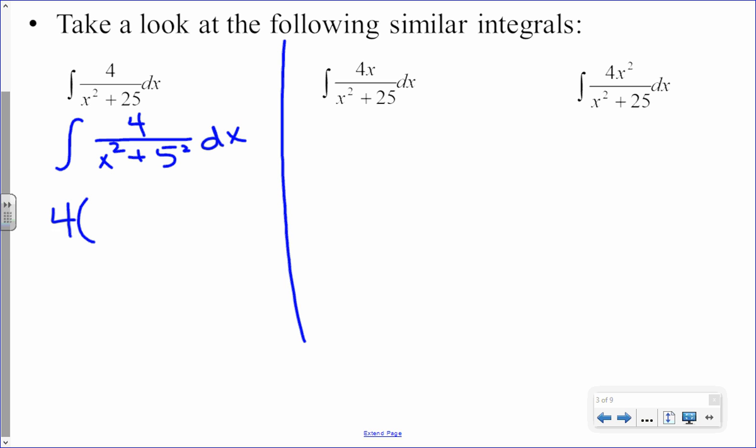But then the arctangent rule is 1 over a times the arctangent of x over a plus c. Does that make sense?